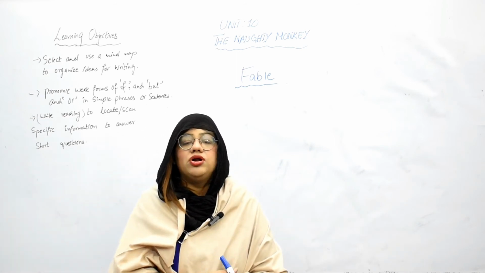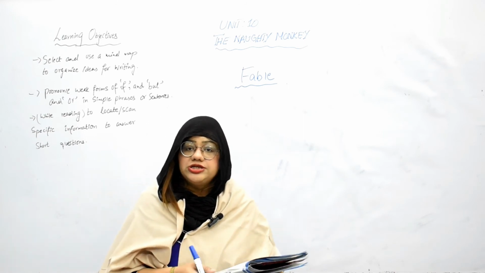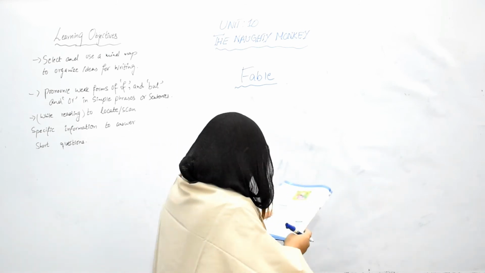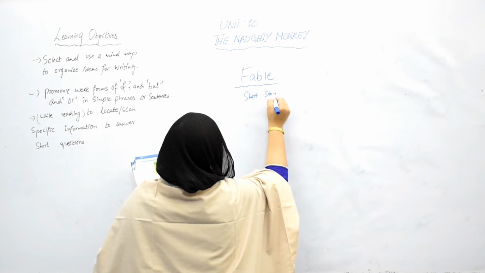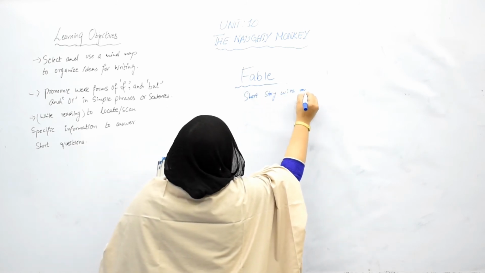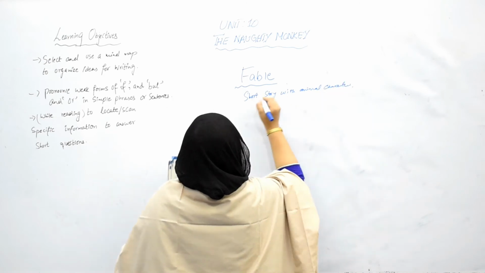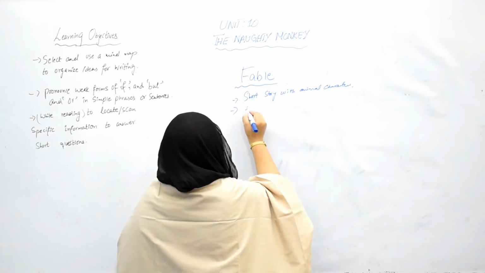It gives us a moral lesson, but it's not based on reality. So a fable is a short story with animal characters, and the most important thing, it is not based on reality.